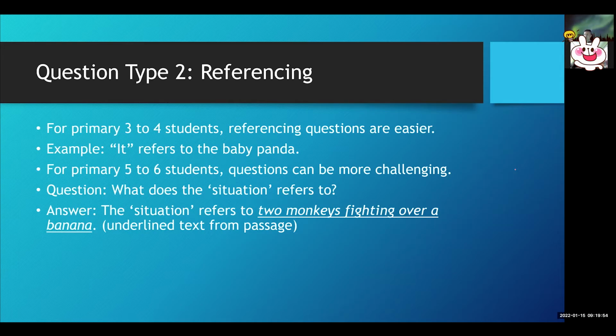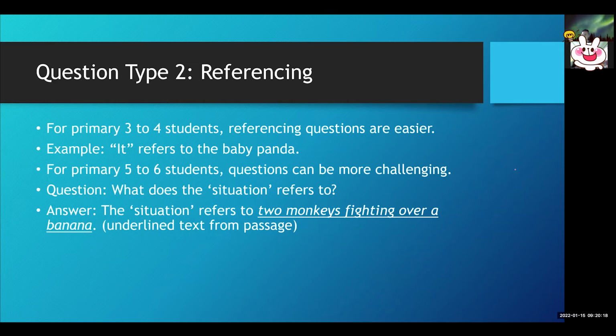If you say "the situation refers to fighting over a banana," also not correct. You have to give the entire situation. Understand?